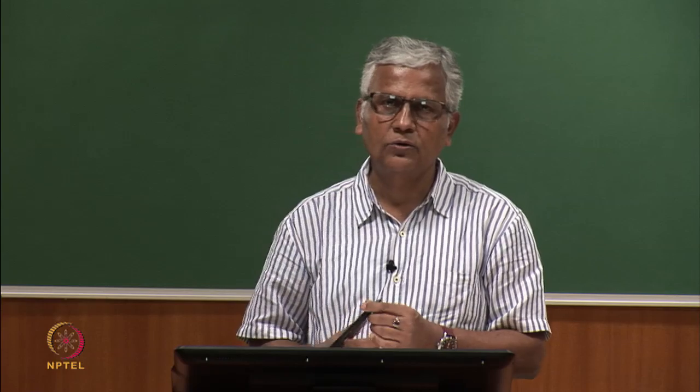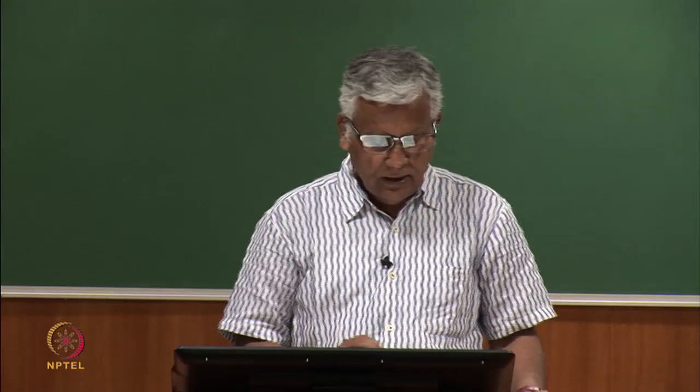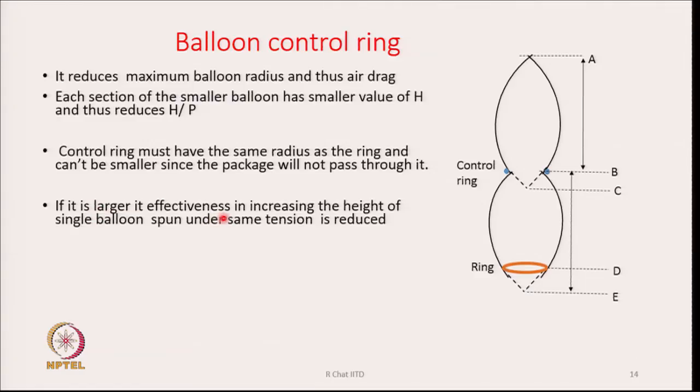So, it should not be less than the ring size. If it is larger, its effectiveness in reducing the height of the single balloon span and the tension will be reduced, because then the balloon is not going to be suppressed much. So, if we make it too large, that is a problem. So, generally it is close or equal to the diameter of the ring.